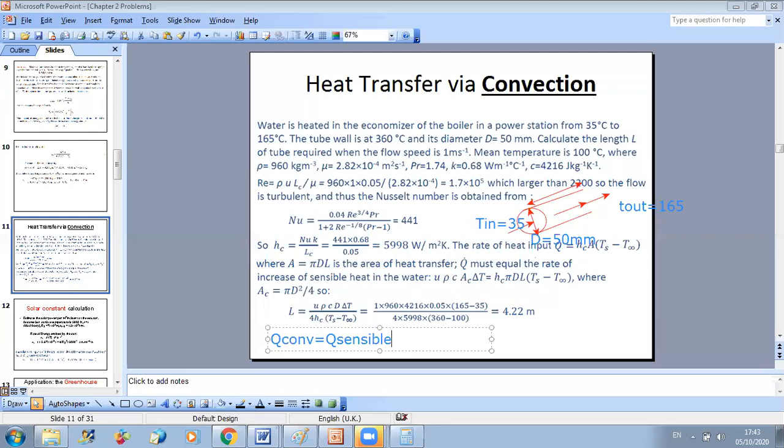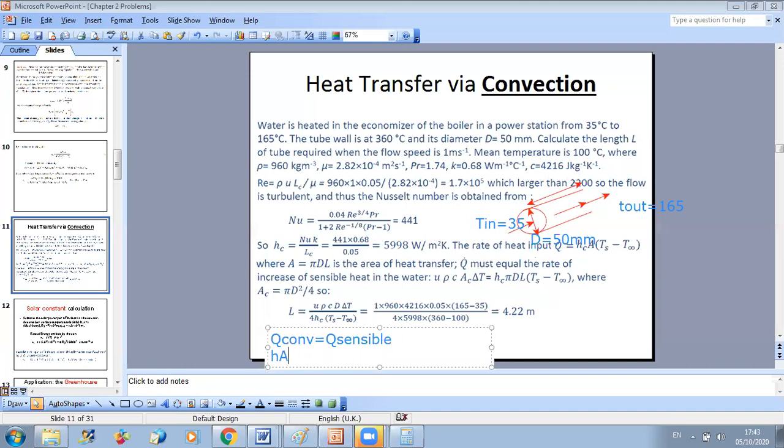Now I will say what is the convective heat and what is the sensible heat in my problem. First, heat by convection can be calculated according to which relation? We know that convective heat is equal to the convective coefficient h times the area of contact between the solid and the liquid.